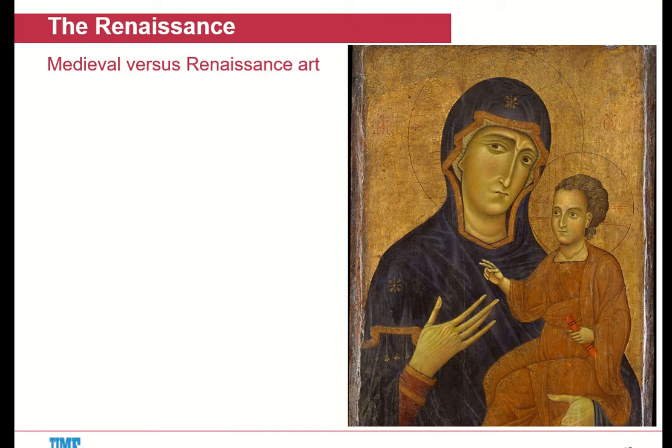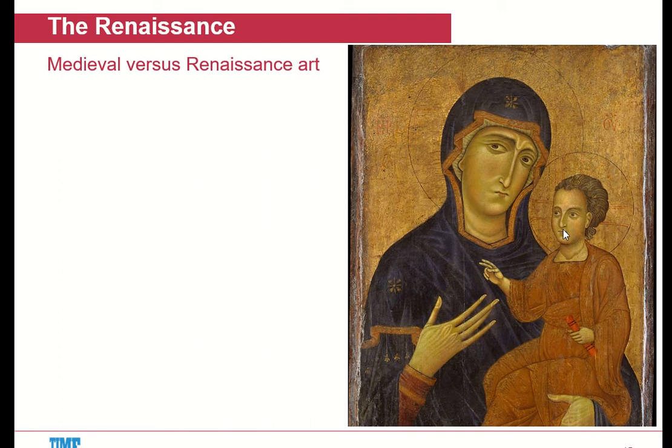Before we start, in front of you is an example of a medieval style painting. Medieval painting was not very realistic looking, not very lifelike. If you look at this picture, you've got a woman carrying a child.